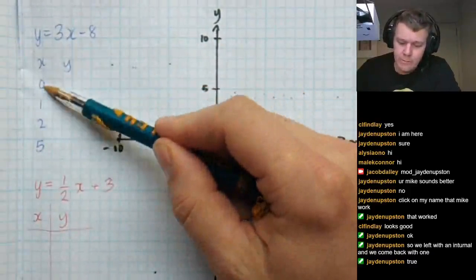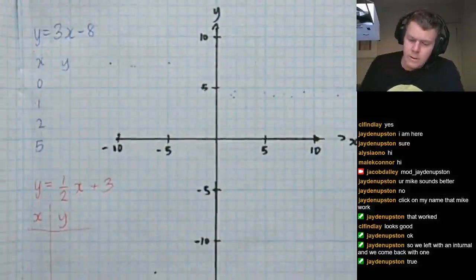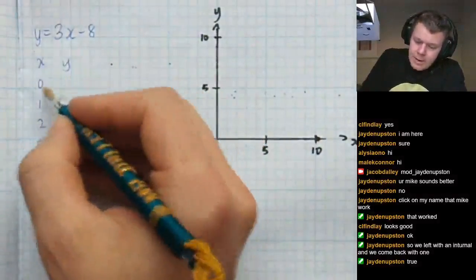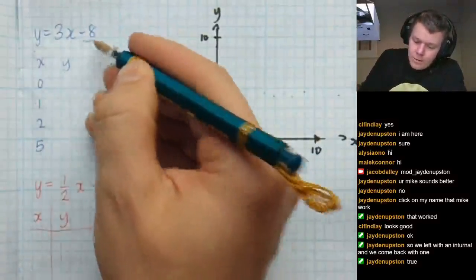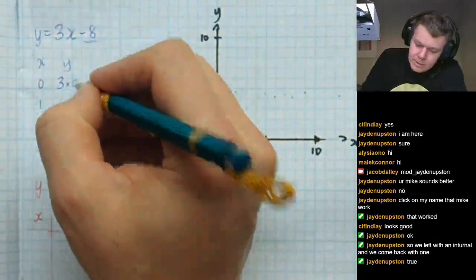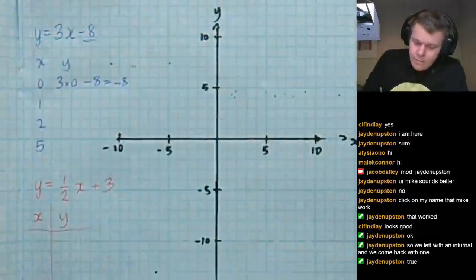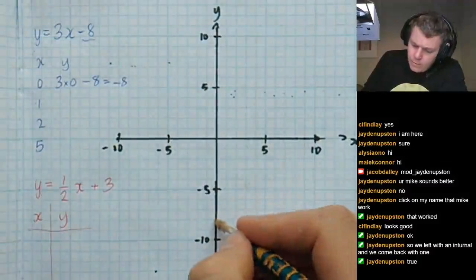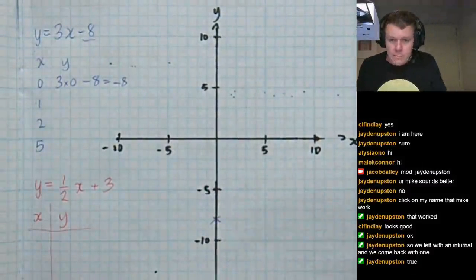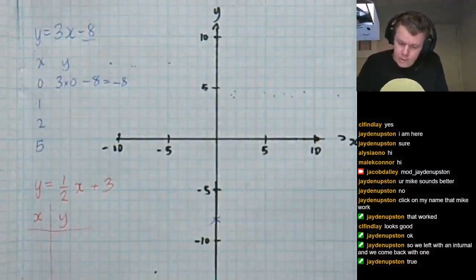So we put in x equals 0 here, and it'll give us a y value. By subbing that in, you can see why this is always the y-intercept, because 3 times 0 minus 8 is just going to give us minus 8. That's why we get our y-intercept for our blue line going through minus 8.